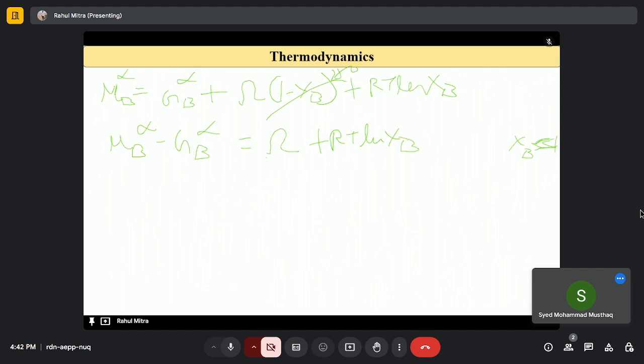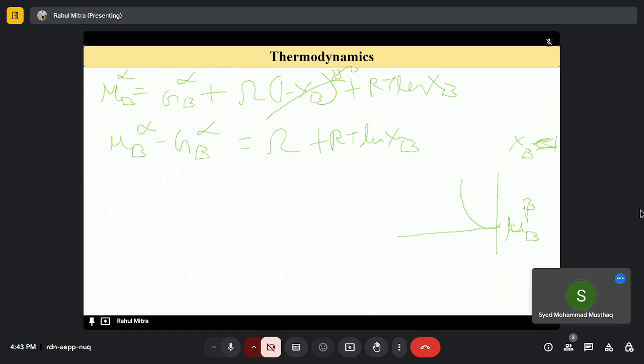And if I see the free energy where it cuts xB equals 1, the curve will look like this. To find the equilibrium we draw the tangent between two curves. Again, I have explained in last sessions. So let's say this is my tangent, and where the tangent touches the xB axis, that will be mu B in beta phase.